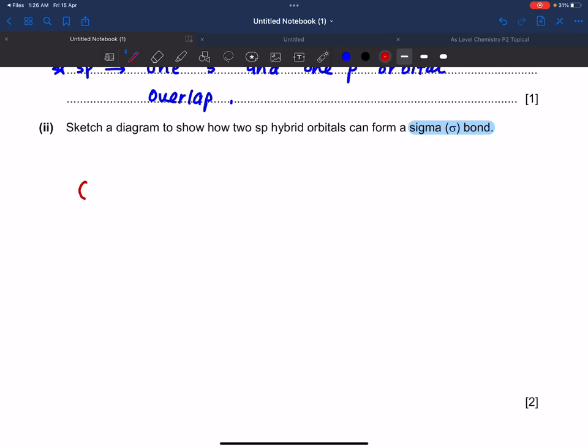Just have a think. Look, this is an s orbital, and this is the sp. Then I'm going to have another one somewhere here. So this is one sp and this is another sp. We overlap them because we're forming hybrid orbitals. The overlap will give you some sort of shape like that.